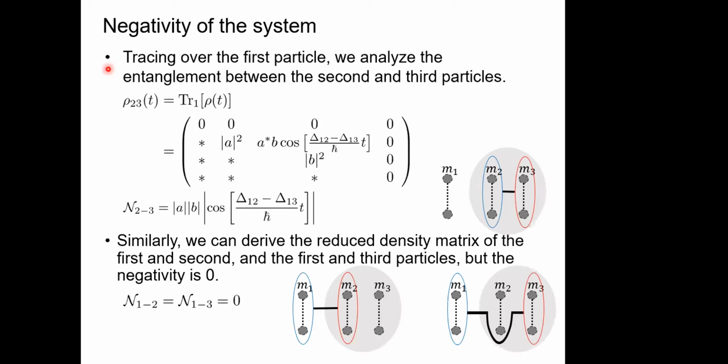Next, we analyze entanglement between the second and third particle. Taking the partial trace of the density matrix over the first particle, the reduced density matrix of the second and third particle is derived by this form. The negativity is also derived by this.